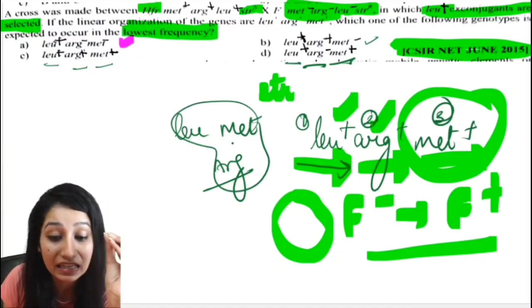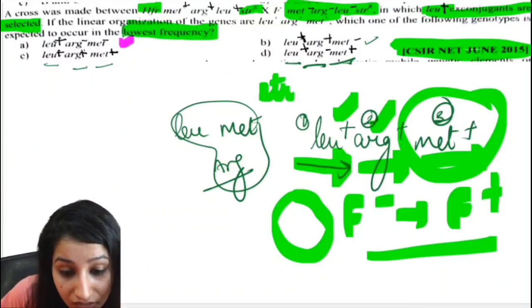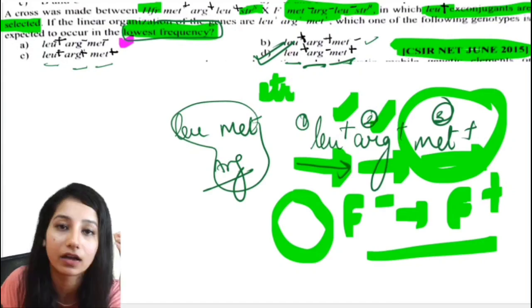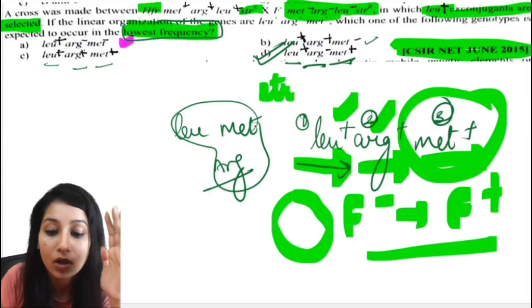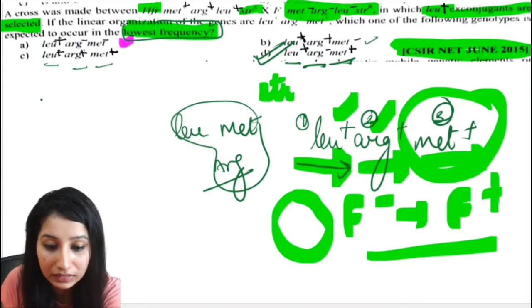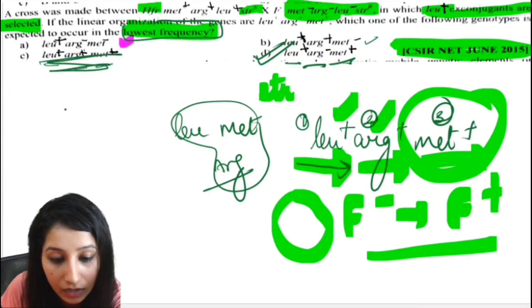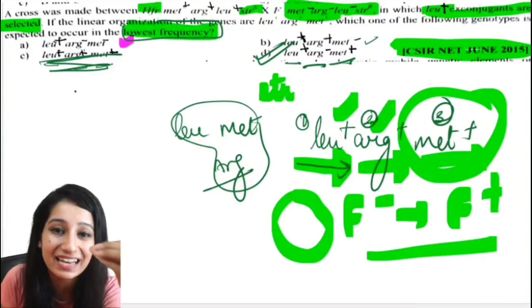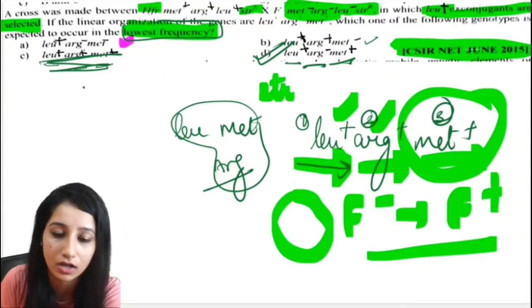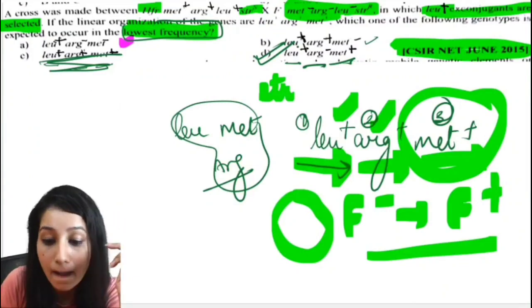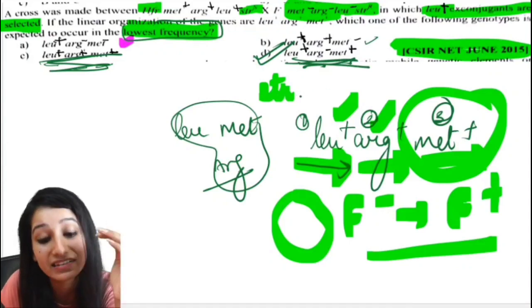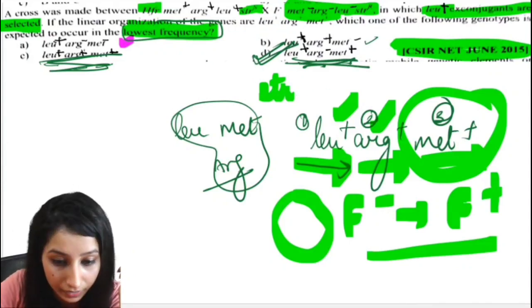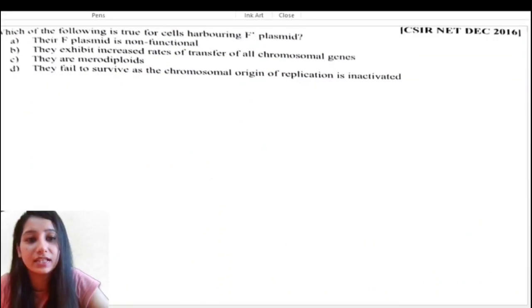So if it is asking what will occur at lowest frequency, obviously option D will occur at lowest frequency. Generally students will think the condition where all three are transferred is the rarest because breakage occurs during the transfer. But this condition is rarer than that. So option D is correct.